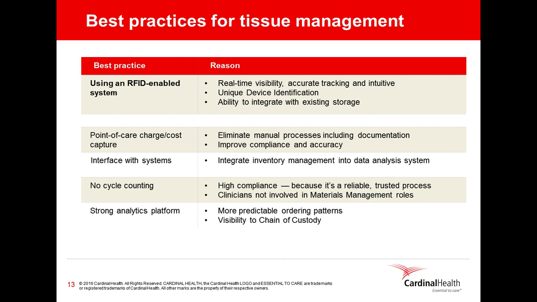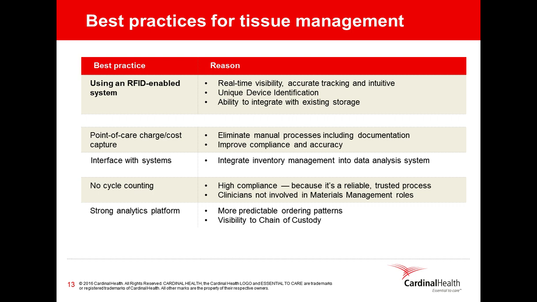A best practice for tissue management requires that it interfaces with your hospital systems to improve your data connectivity. The interfaces also eliminate the possibility for double entry, so everything flows automatically with no hard copies. And also with tissue management, you want to eliminate cycle counting. You want an automated system that eliminates manual counting and the associated errors, and it also significantly reduces time spent managing that inventory.